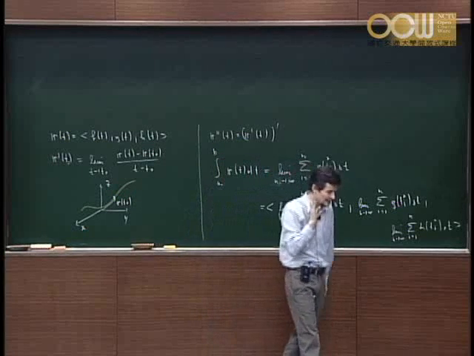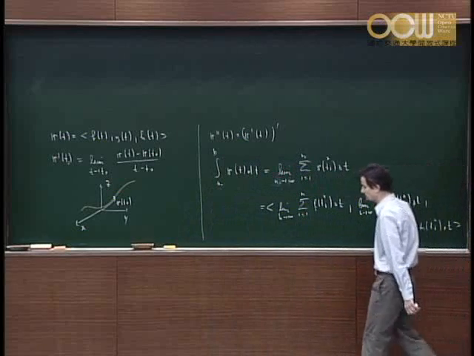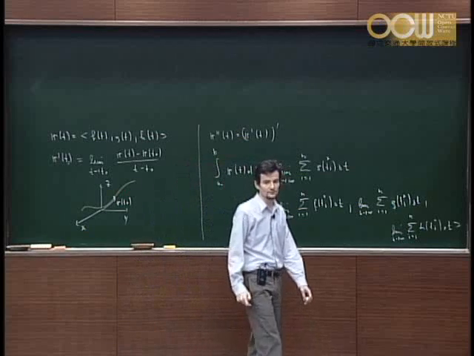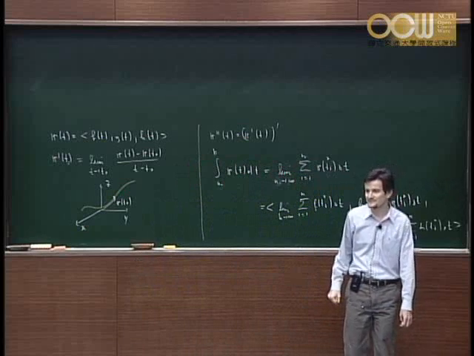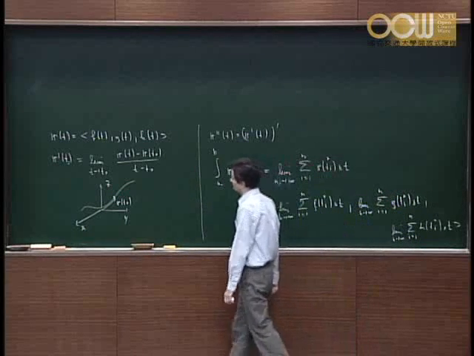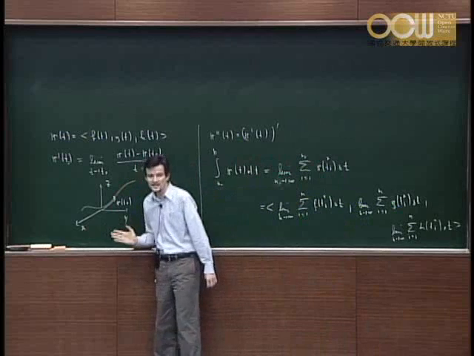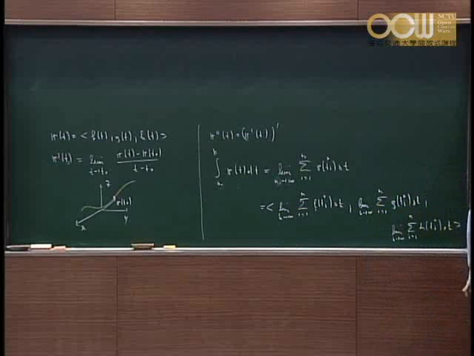In which direction? Because we saw if the second derivative is positive or negative, we either have concave upward or concave downward. So it says something about the way the tangent is changing.